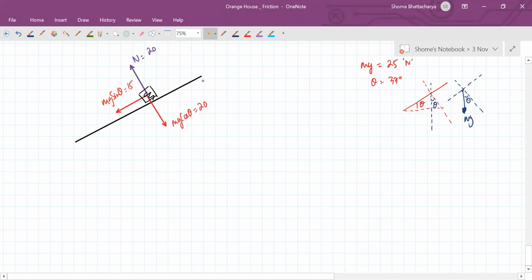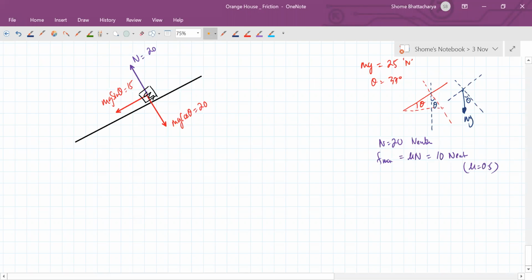So now what is the maximum friction available? The normal reaction is 20 newtons, so the maximum friction is 10 newtons, because the coefficient of friction was given to us as 0.5.